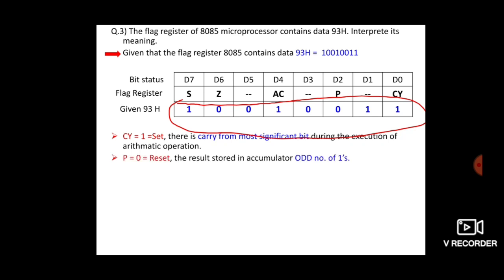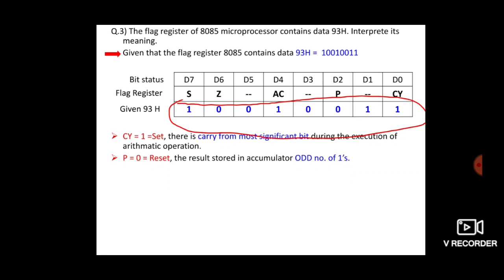Now second, the parity flag is reset. See, in the parity column 0 is there, so the parity flag is reset. In the carry column 1 is there, so the carry flag is set. The parity flag being reset means the result stored in the accumulator has an odd number of ones. Understood?